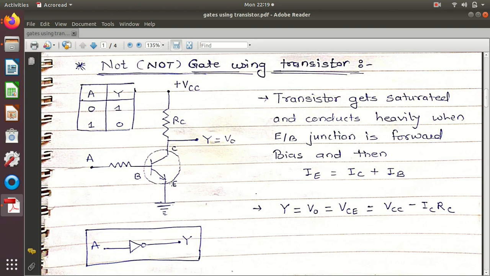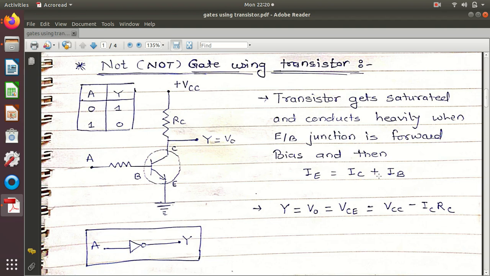The current flowing through the transistor is such that IE, that is emitter current, is the sum of collector current and base current. You must remember that the maximum part of emitter current goes to the collector current, whereas there is a very small contribution towards the base current.